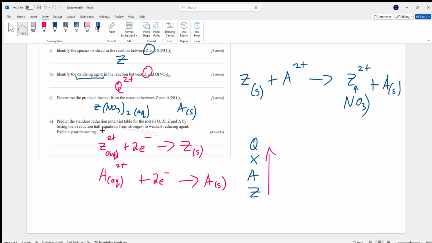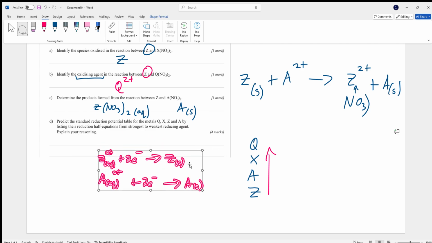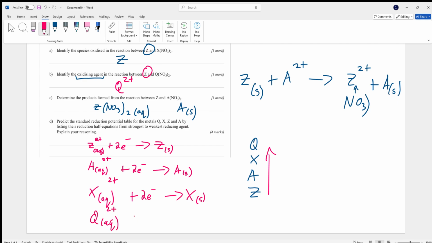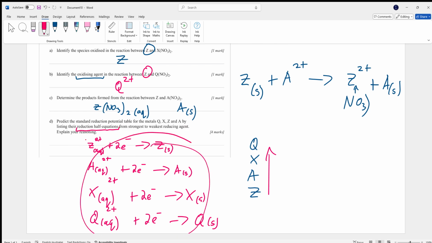And then here I'm going to run out of room, but you get the idea. The next bit would be X aqueous 2+ plus 2 electrons forms X solid, and then finally Q aqueous 2+ plus 2 electrons forms Q solid. Now how I knew to write it like this is because they said reduction half equations, and they're written as if they're all undergoing reduction.